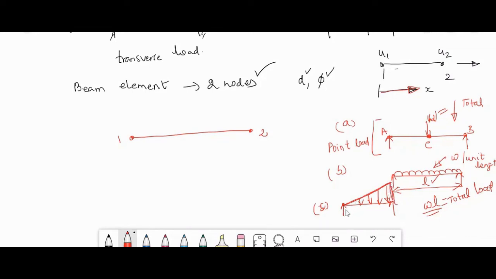This type of load is called a uniformly varying load. Now you know that three types of load are applied on the beam. Then we are going to analyze the beam structure for the displacement and the rotations.